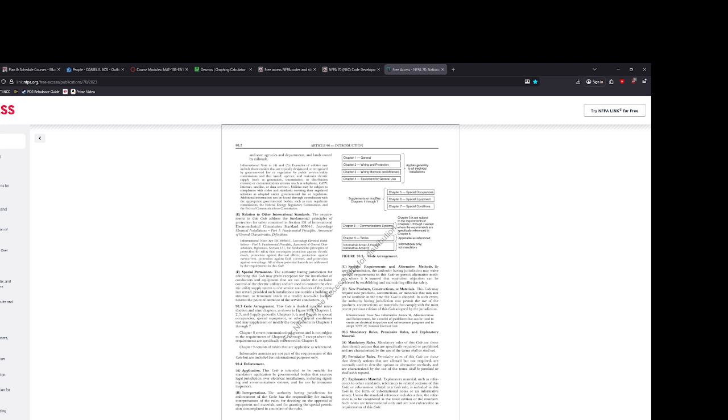Chapters 1 through 4 are the main articles we're ever going to be going over. Chapter 1 is general. It's talking about definitions, guides, whatever. Chapter 2 is just wiring and making sure you're doing your wiring right. Chapter 3 is talking about how you should wire.